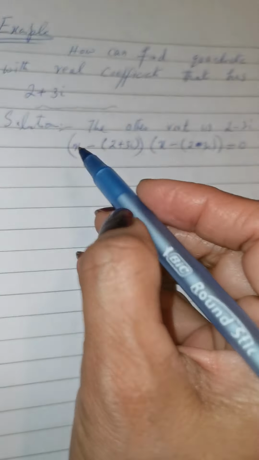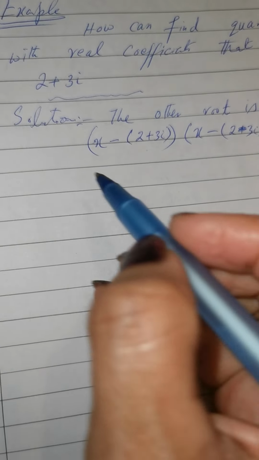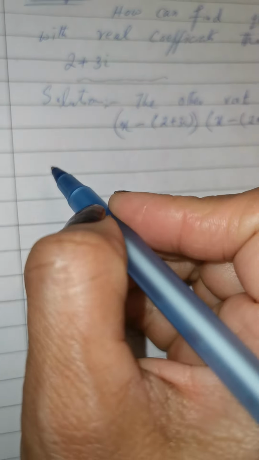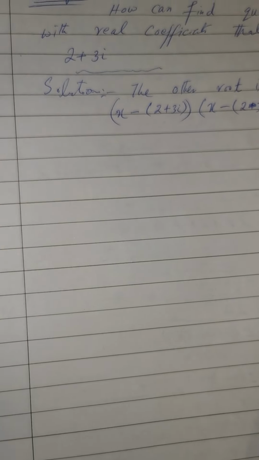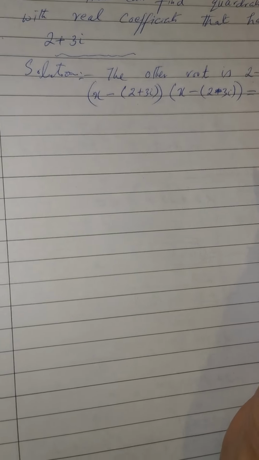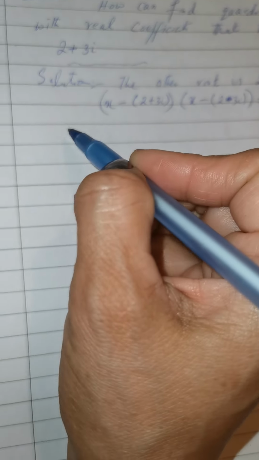Now I am going to simplify it. You have to multiply them, and the multiplication will be the same as we do in the multiplication of brackets.